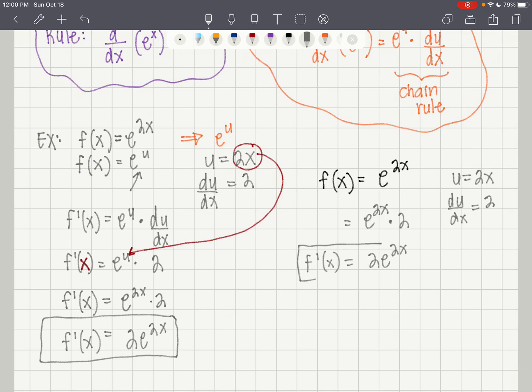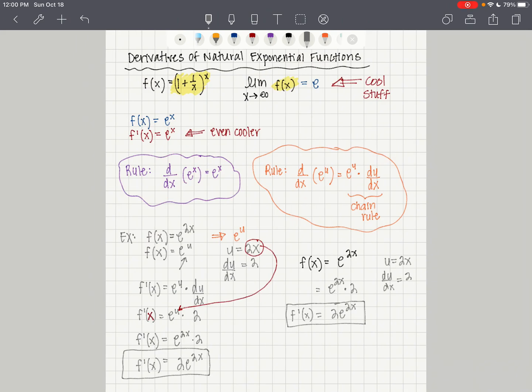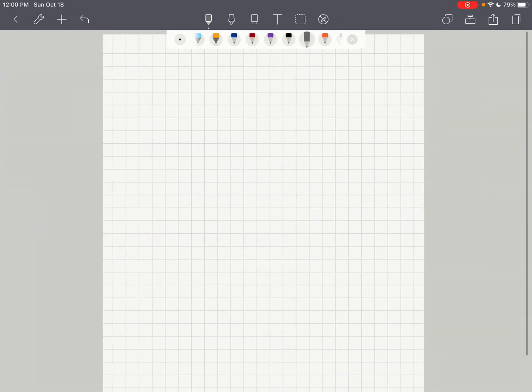So sometimes we're just going to use the chain rule, but it's going to be helpful on other problems if we can write down what u is, if u gets to the point where it's a little bit more complicated. So we'll continue to practice.